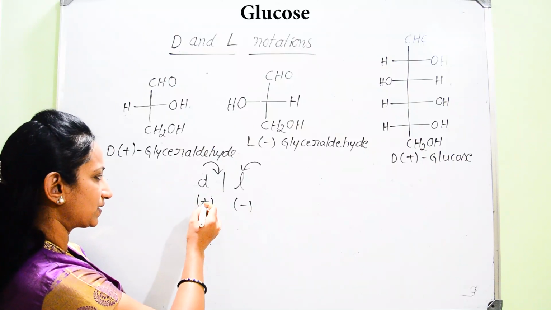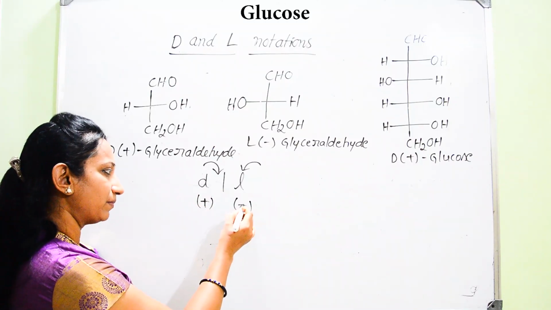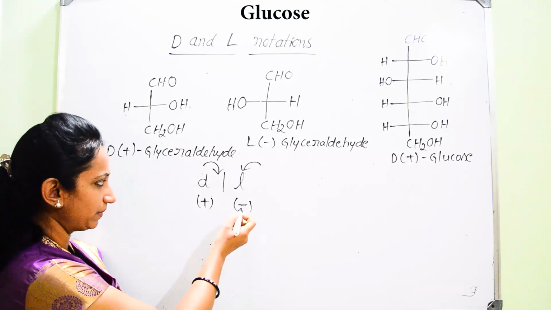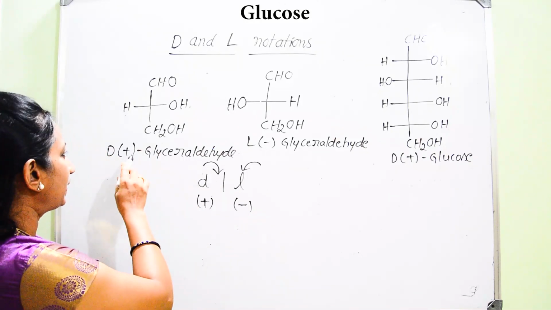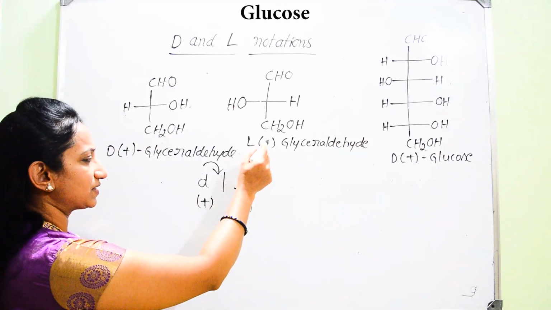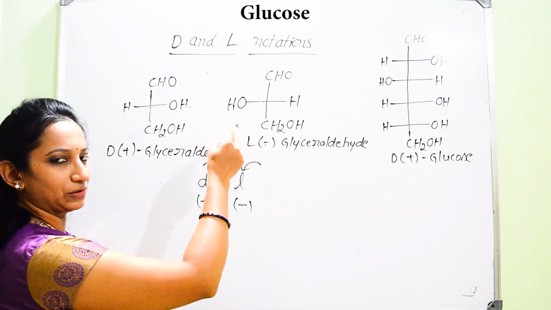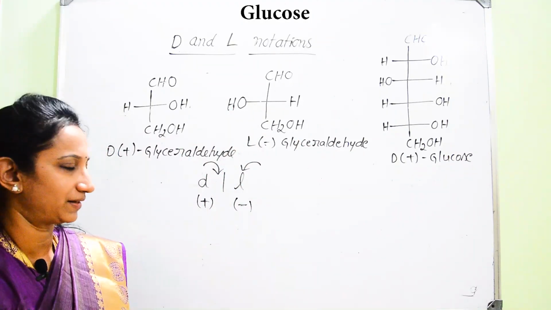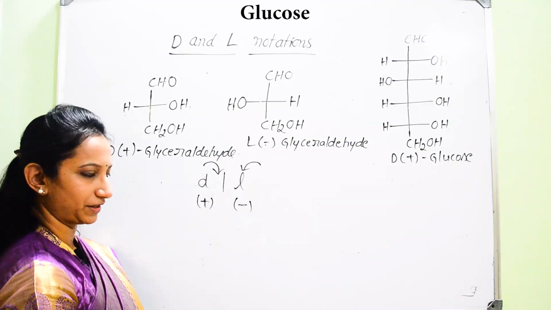They can also be represented by plus and minus. Plus means dextro, minus means levo. Plus represents that the optical rotation is towards the right hand side, and minus denotes the optical rotation is towards the left hand side, that is in anti-clockwise direction.